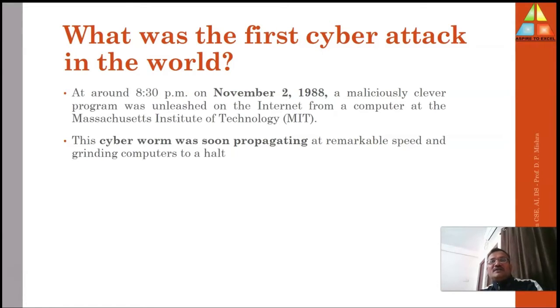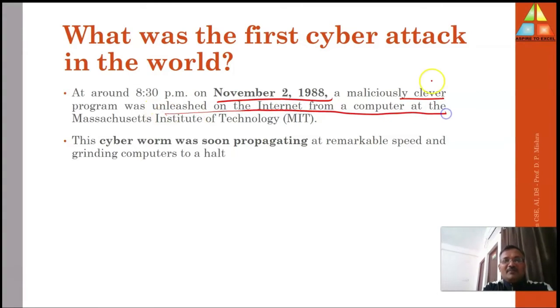What was the first cybercrime attack in the world? At around 8:30 p.m. on November 2nd, 1988, a maliciously clever program was unleashed on the internet from a computer at the Massachusetts Institute of Technology, MIT.